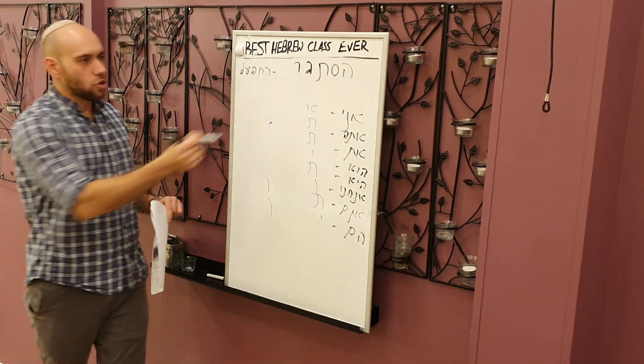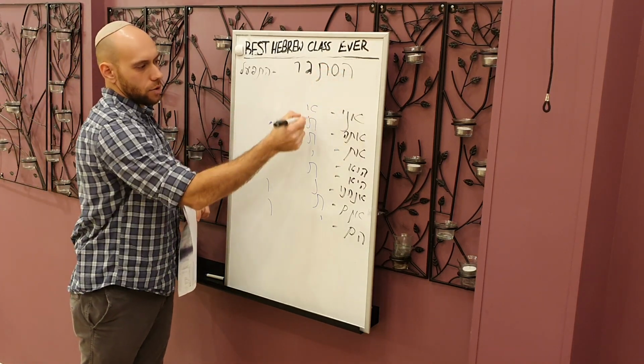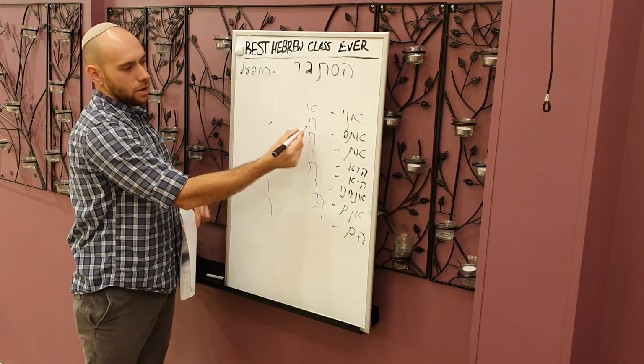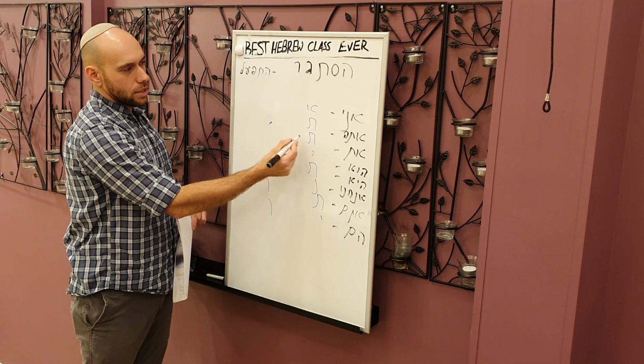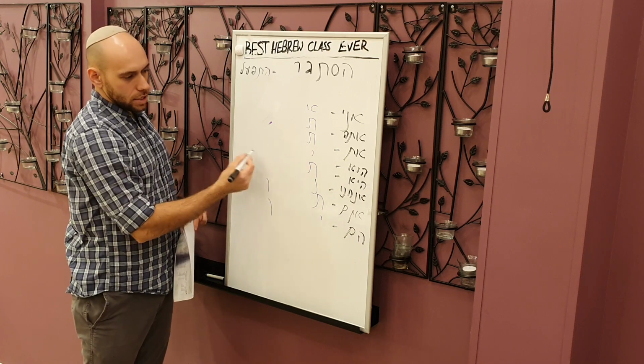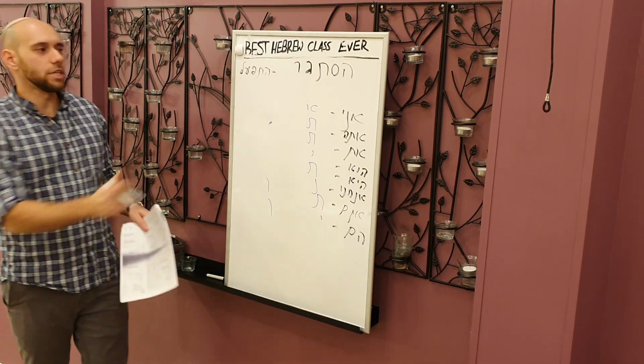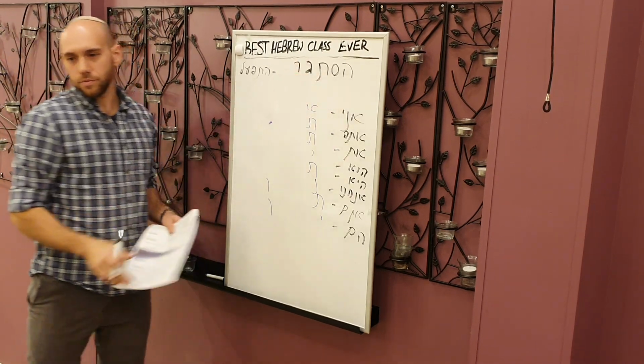All you do is replace the hey with these prefixes and add these at the end, and you get Estager, Tistager, Tistagri, Istager, Tistager, Nistager, etc. So the only difference here is you switch these two.